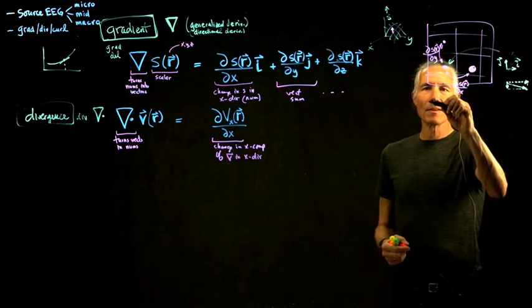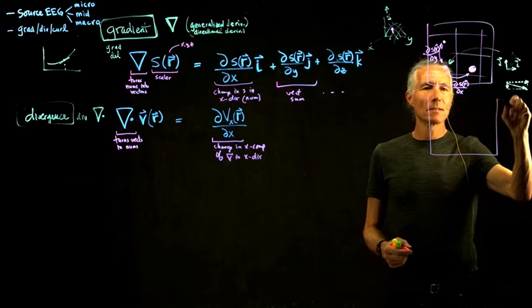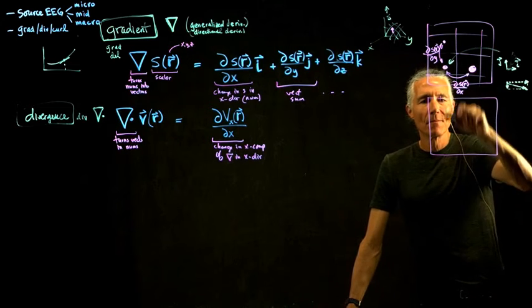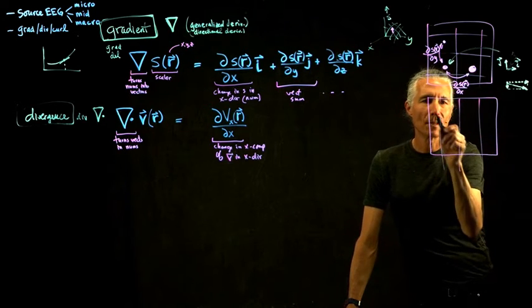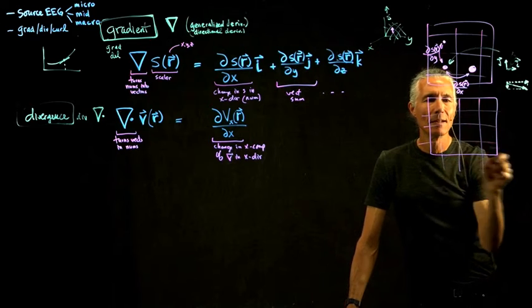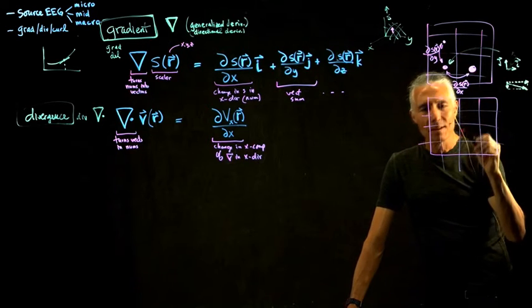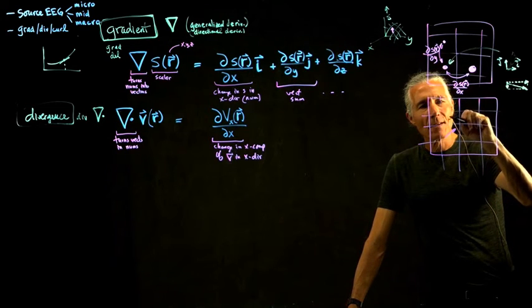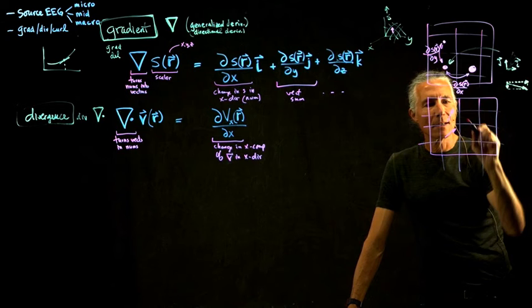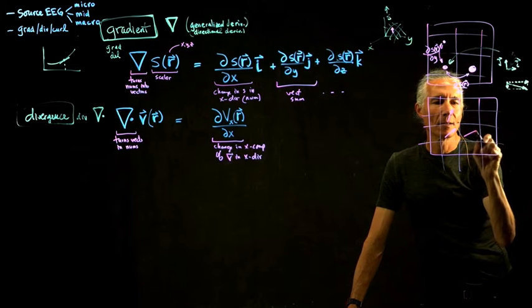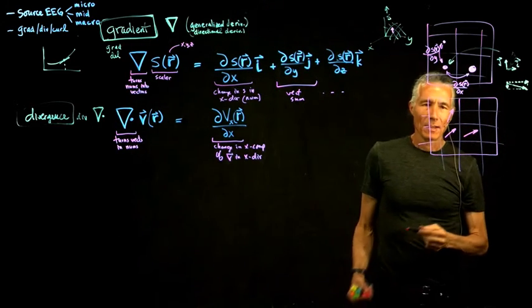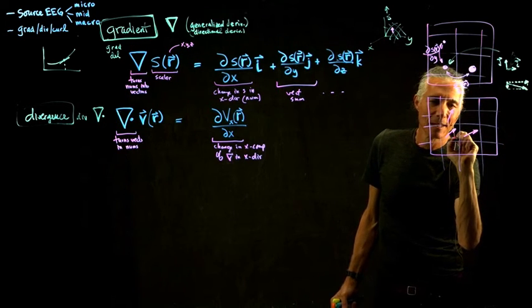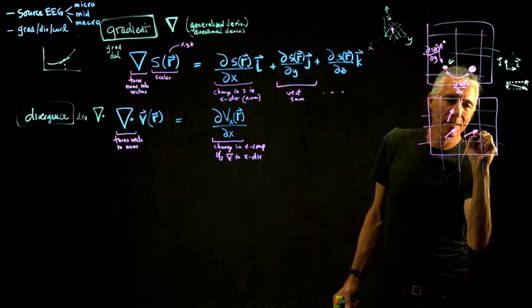We've got the same sort of grid again, zooming way in. So say we've got a vector at this point, and a vector at this point, and a vector at this point. We can divide each of those vectors, it's in 3D, but we'll just do it in 2D, into their x and y components.